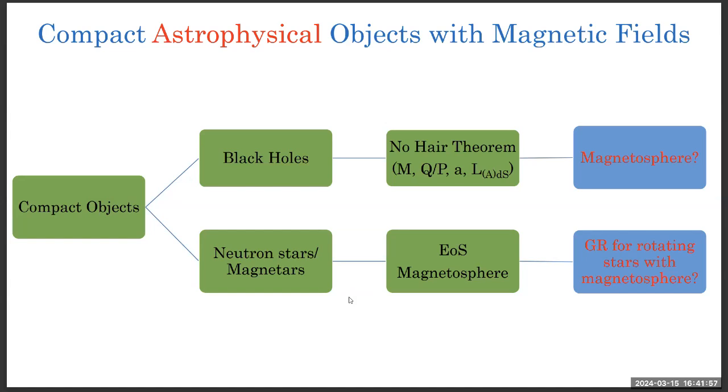But there are some approximations that we use for the relativistic description of this neutron star. Just assume the magnetic field is weak enough. I mean, the energy density of the electromagnetic field is small compared to the energy density of the neutron star.